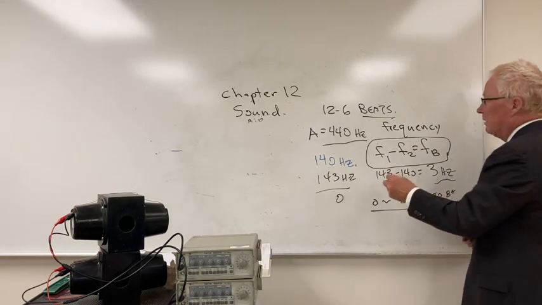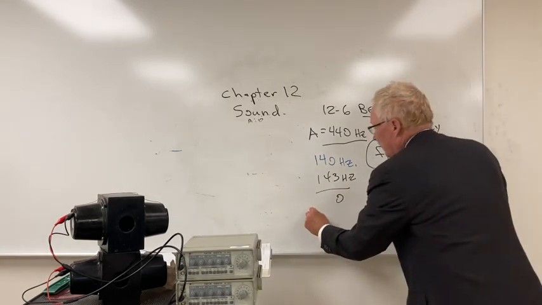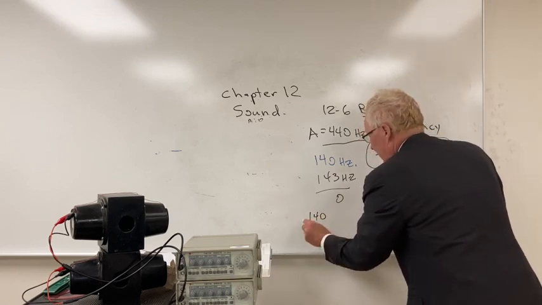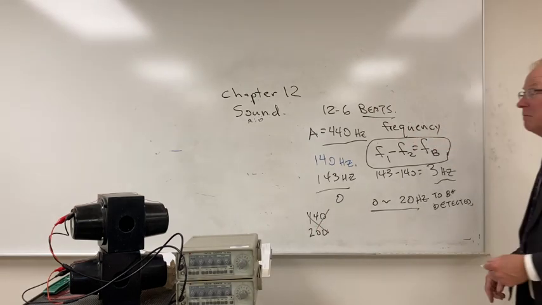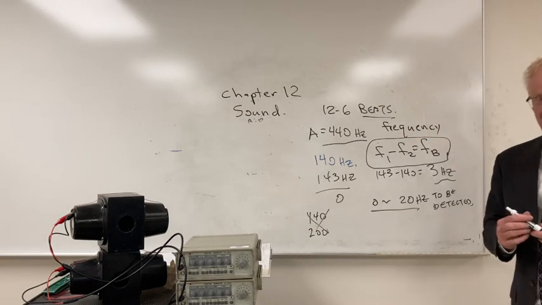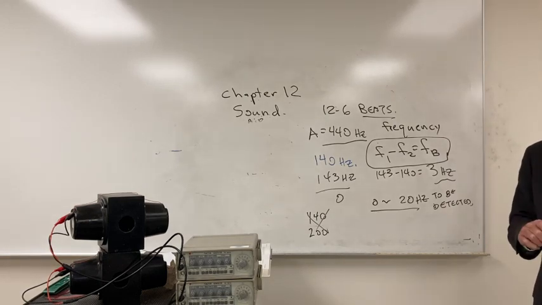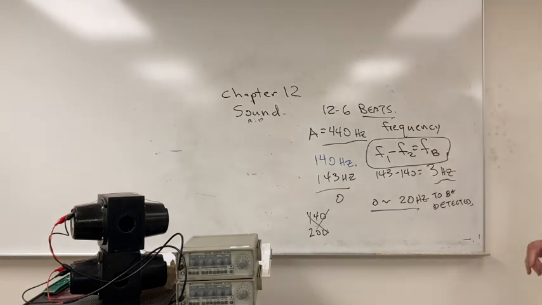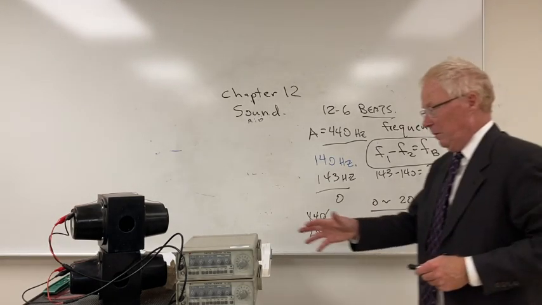So if I had one that was 140 and one that was 200, you could not hear the difference. You could not hear that because the beat frequency would be 60, and that would be more than you could hear as far as our response. All right, so that's it for there. I'm going to cover the last section now.